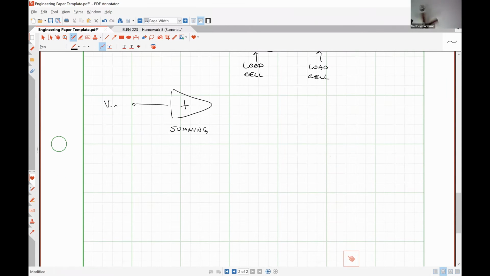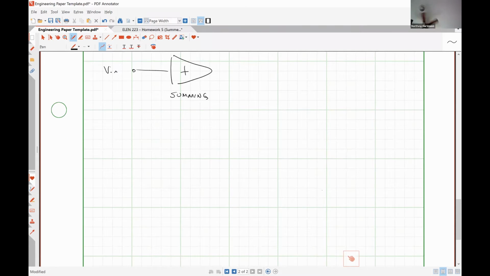So let's look at an op-amp configuration for this. For load cell 1, we're going to have some value VN1. We'll call it uptime, even though it's likely going to be a DC signal.